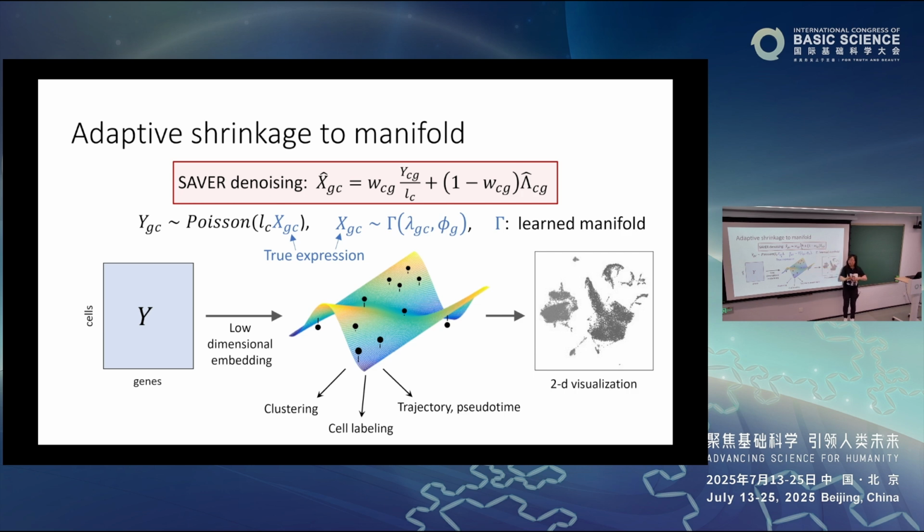So your estimated expression value is somewhere in between the observed expression and the manifold fit. And these weights, WCG, which I'm not showing you the formula of, can be computed from the data. The weight depends on LC, the cell-specific library size, as well as phi G, the gene-specific dispersion, so it depends on both technical noise and biological predictability.